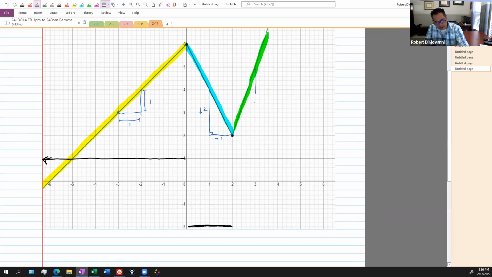Looks like over 1, up 3? So it should have a slope of 3. So that means once I go past 2, my derivative should have a value of 3, which means it's up here. Questions?